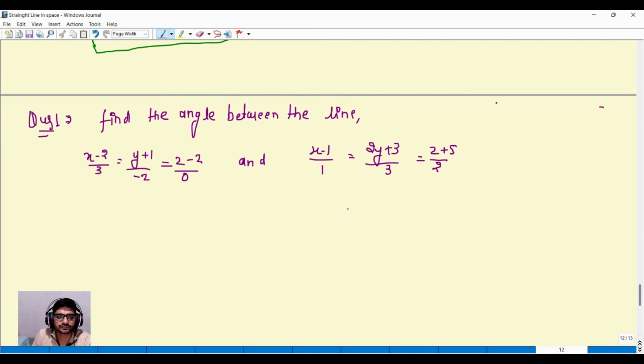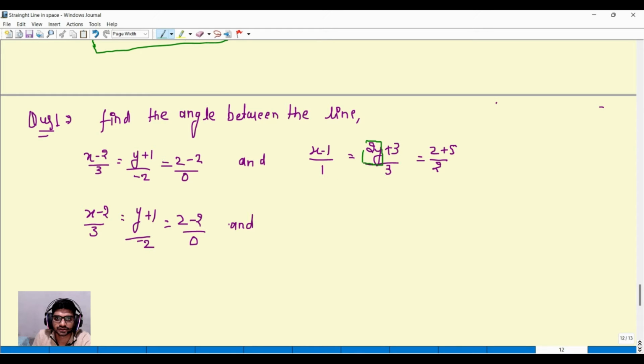In this, first we are going to make this equation a standard Cartesian equation. How do we do that? First we have to take care of the coefficients of x, y and z.